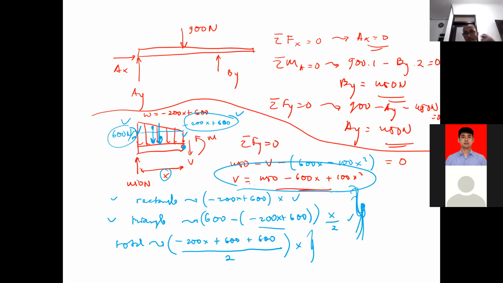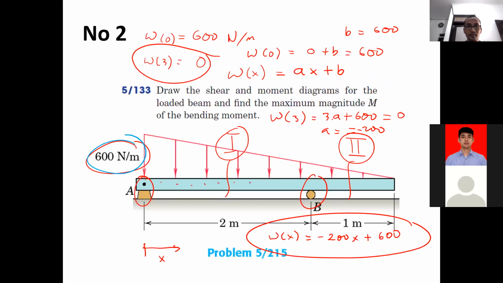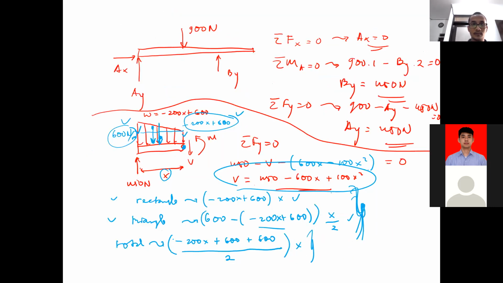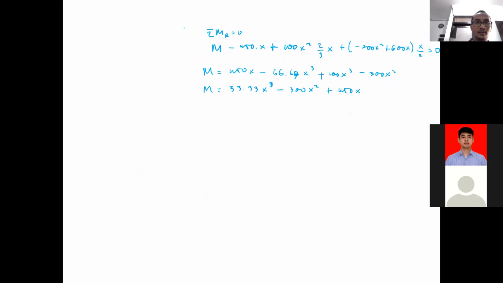Okay, and maybe some of you are wondering, how can we draw the distributed force and distributed moment at this particular span? Because this equation only works for x between 0 to 2 meters. The same for this one.